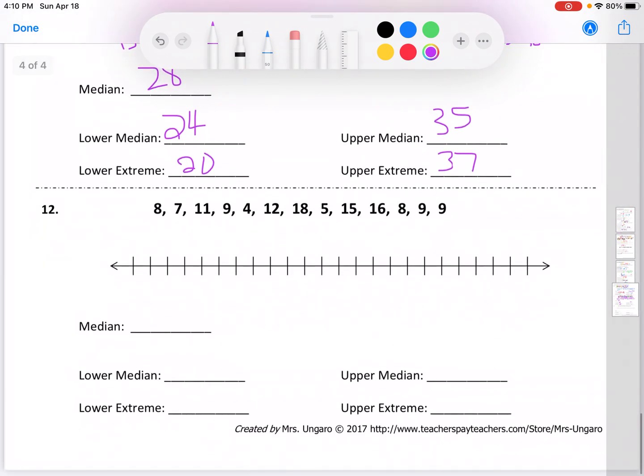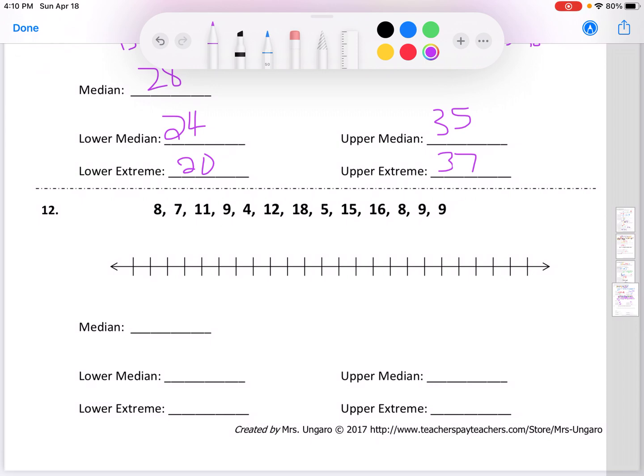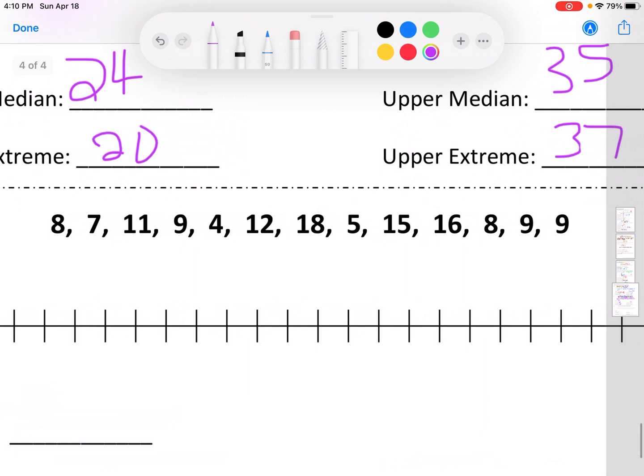All right, the last one I'm going to do, I'm going to put these numbers in order from least to greatest. So the goal here is to put the numbers in order from least to greatest, find the medians. Obviously, I've missed the 4.